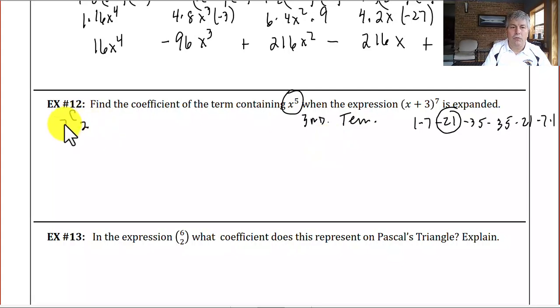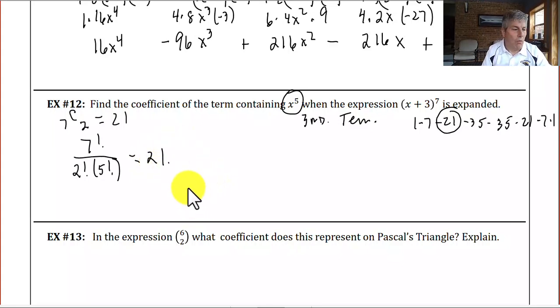Or we could do the combination of 7 choose 2. We can put that on our calculator, and we'll get 21. Or we can do 7 factorial over 2 factorial times 5 factorial, and simplified, that is 21. We're not quite done there. That's our first coefficient. That's going to be 21 and x to the 5th.